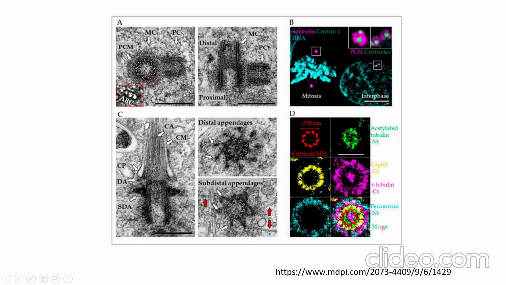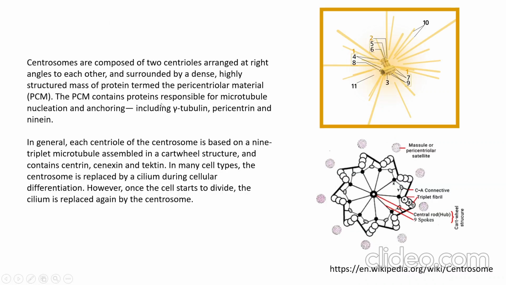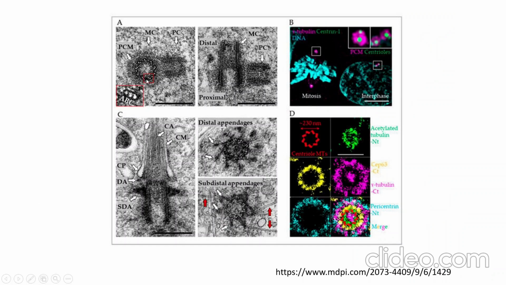So this is the mother centriole and this is the procentriole. This is a longitudinal section of them, and they have shown an inset here where you can look at the triplet as you had seen before. Just as there is an A, B, and C there, here also you can see A, B, and C. So this drawing is not from nowhere, it's from real life. This is really how it looks.